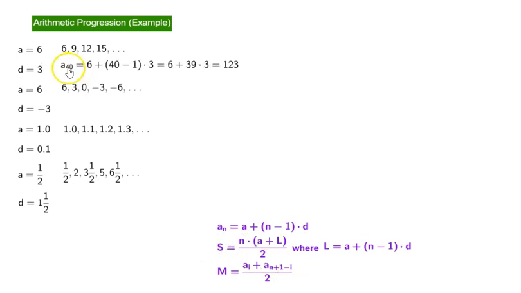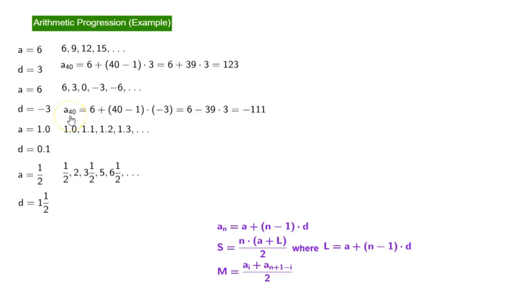What would be the 40th term in this arithmetic progression? So we use this formula. a sub 40 is 6 plus 40 minus 1 times d, that is 3, which is equal to 6 plus 39 times 3, which is equal to 123.